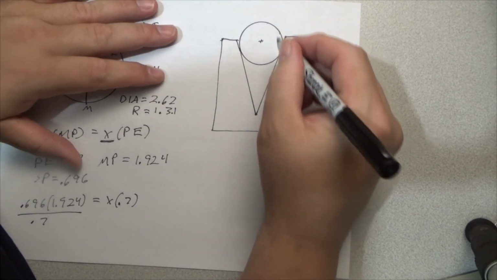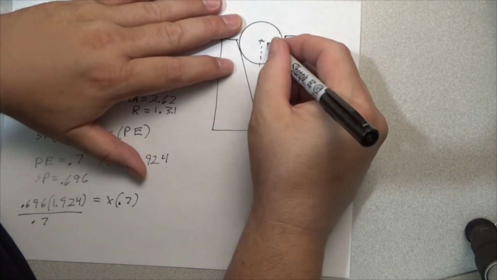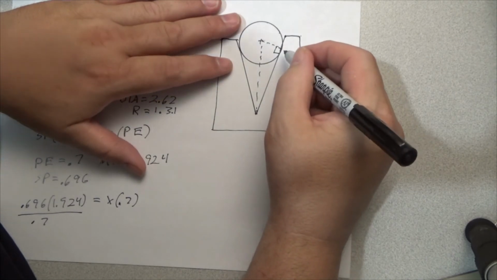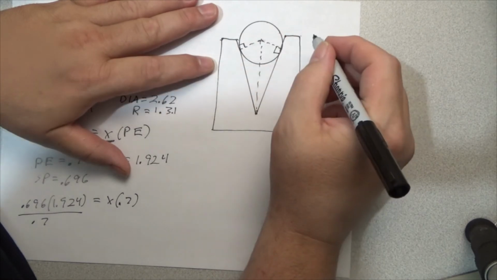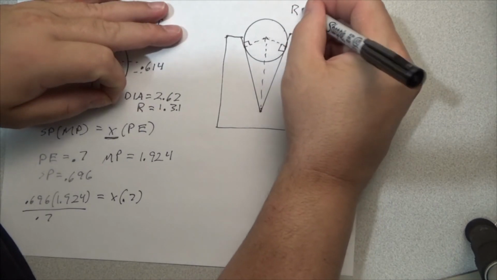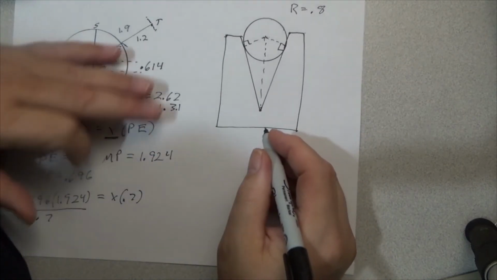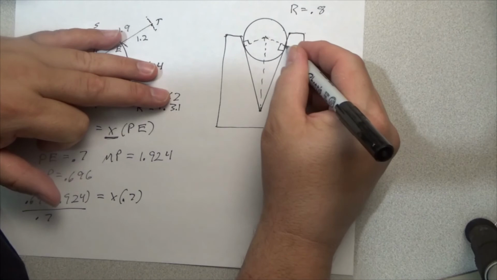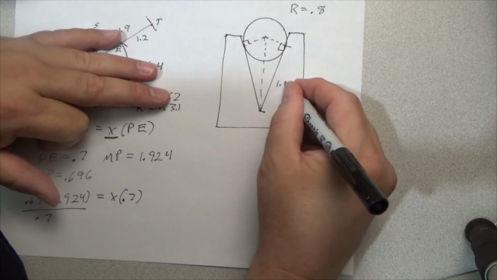Okay, so we've got this line coming down here. That's a tangent, okay? I'm pretty sure it says it in there. And that's a tangent right there. We have radius is equal to 0.8. We've got the distance from here to here is 1.5.